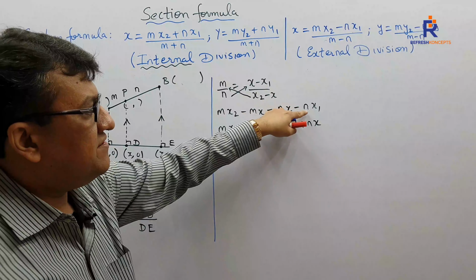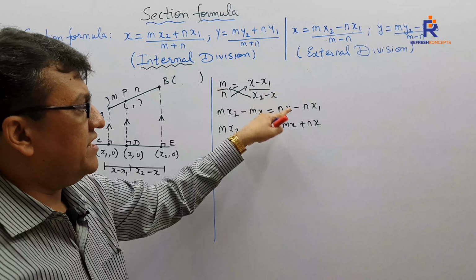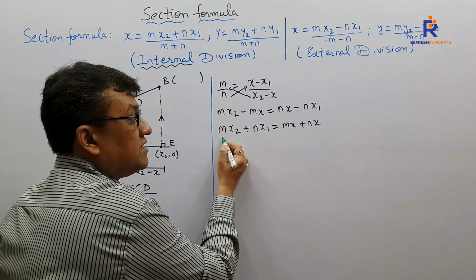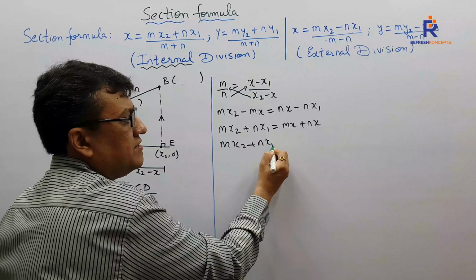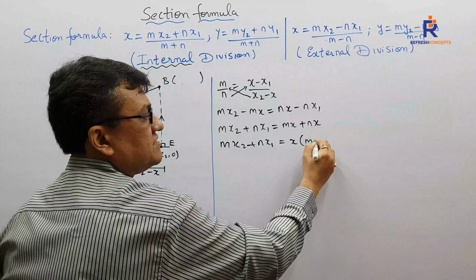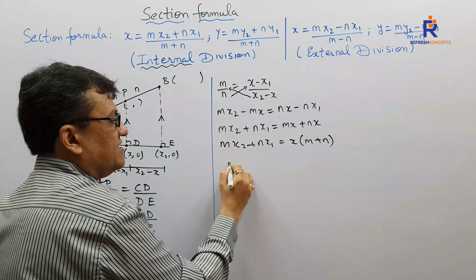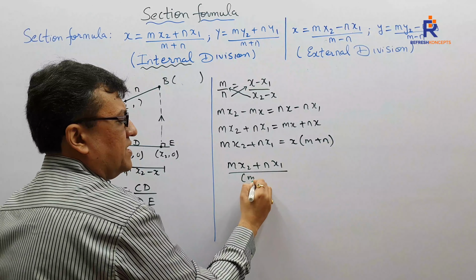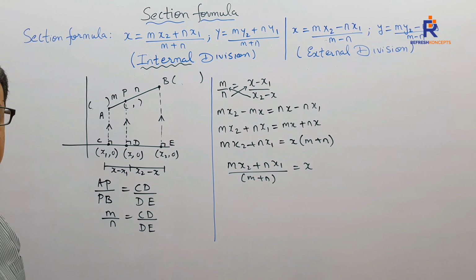The one going there and the one coming here, minus becomes plus. Now mx2 plus nx1 stays as it is. Can I take x common? X is common. What is it? m plus n. Bring this m plus n down. What will I get? mx2 plus nx1 upon m plus n is nothing but the x coordinate.